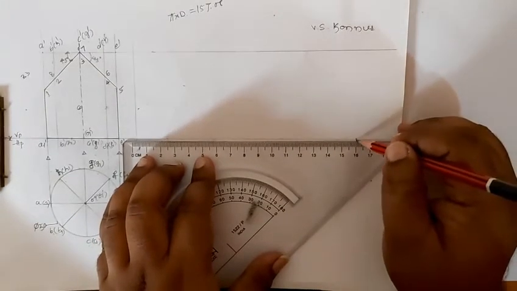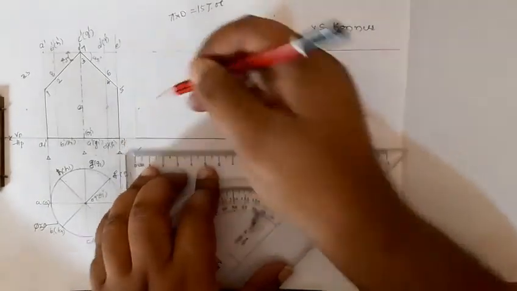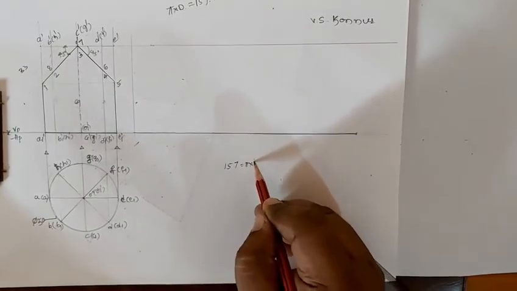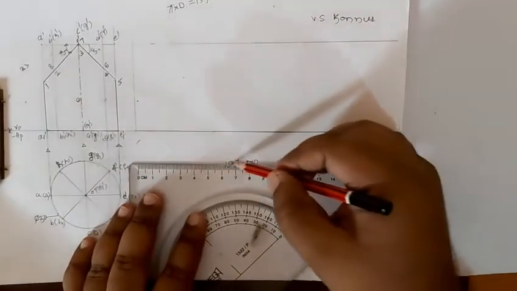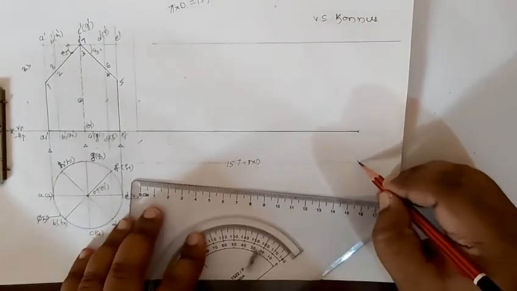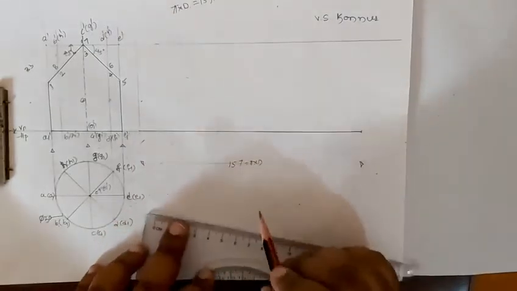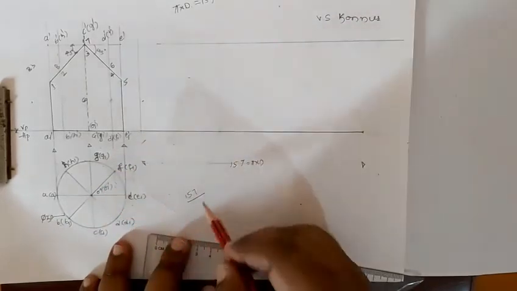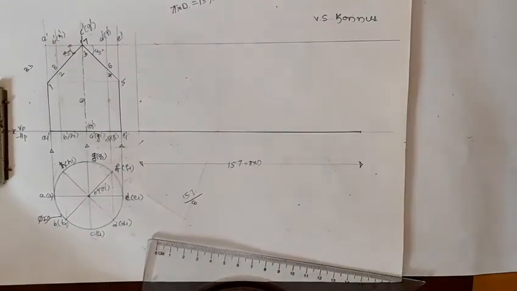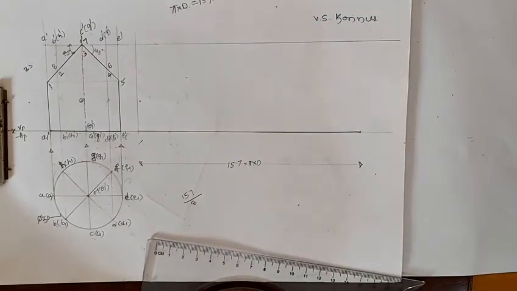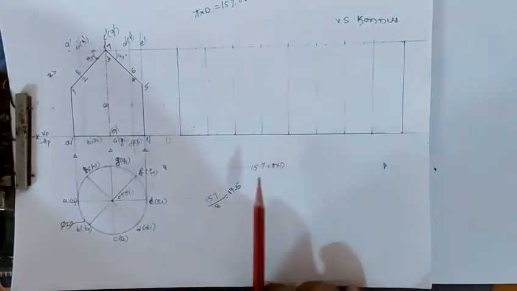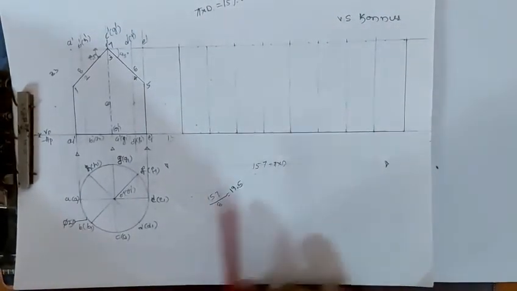The total length I have taken is 157, which is equal to pi into d, where d is the diameter 50 mm.